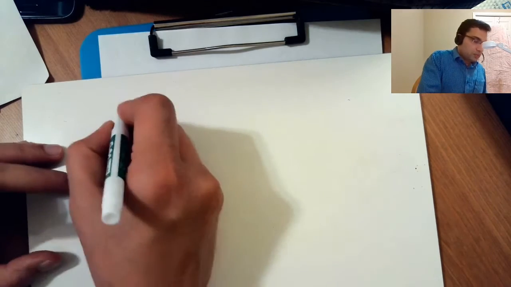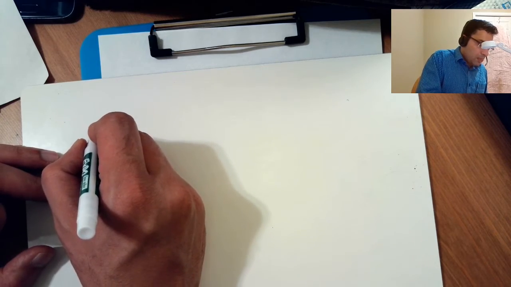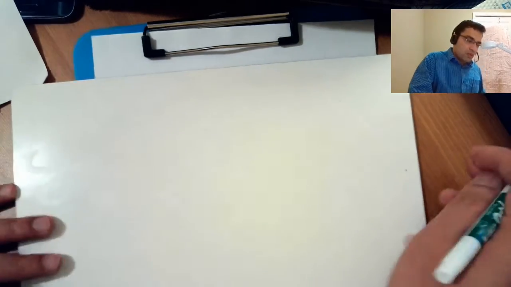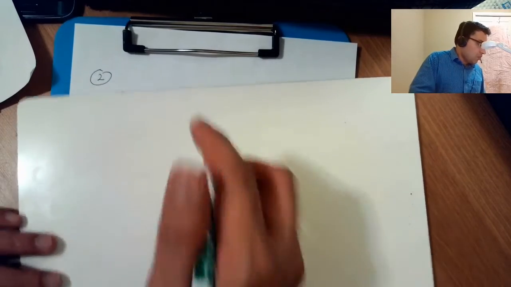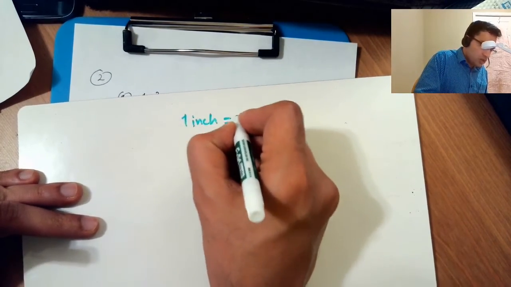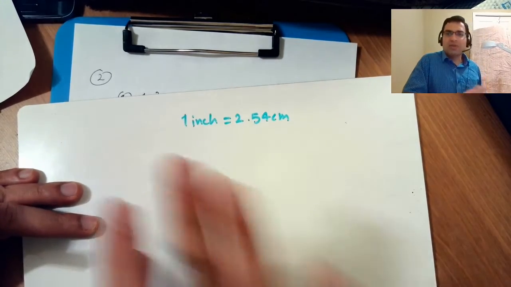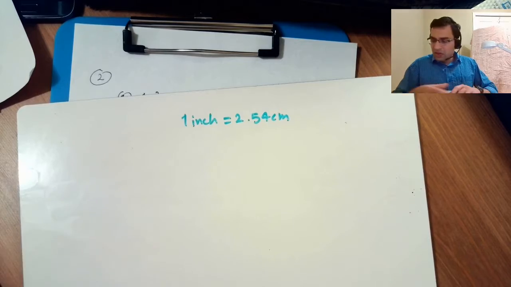I've shown already in that previous video, but I'll just remind you here. Let's say that I want to convert. I know that 1 inch equals 2.54 centimeter. I'm just using that as an example.